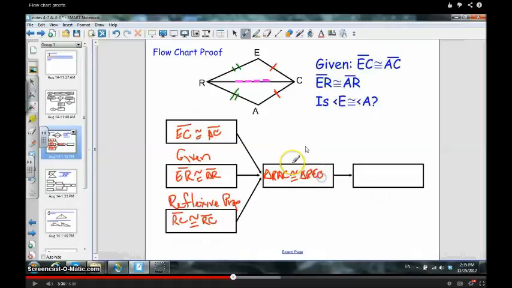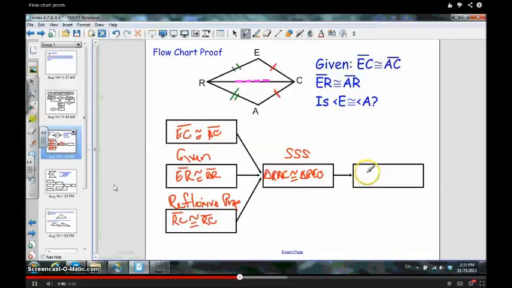No, none of the markings are angles. So how do we know that these two triangles are congruent? Side, side, side, yes. Okay, keep that foldable out. We'll need that later. Because of side, side, side congruence.